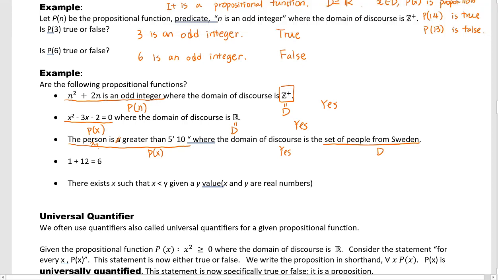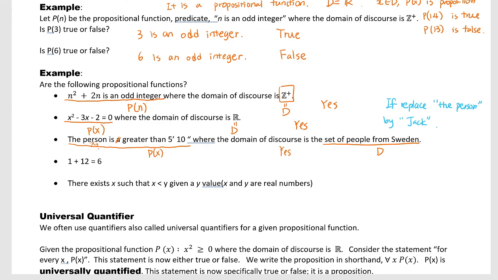Okay, so if we change this sentence and replace the person by, let's say, Jack, then we get "Jack is greater than 5 feet 10 inches."